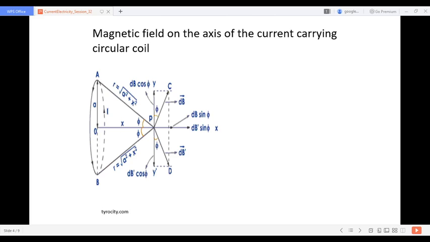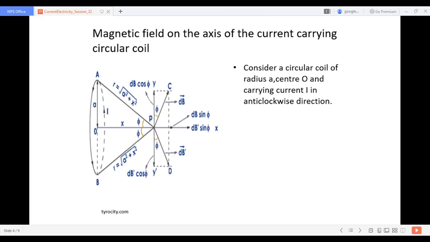Let us discuss the expression for magnetic field on the axis of the current carrying circular coil. Consider a circular coil of radius a, center O and current I flowing through the coil in the anti-clockwise direction.